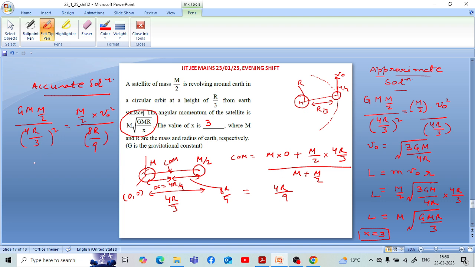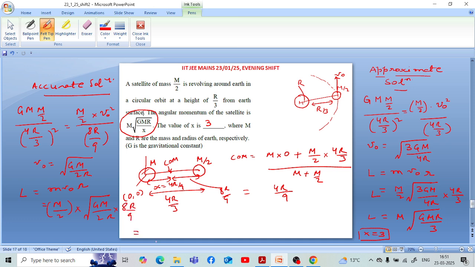Now after solving this, we get the value of v naught as equal to square root of GM by 2R. This is the value of the orbital velocity. Now we can calculate the angular momentum given by the formula m v naught r. So the value of m, the mass of the satellite, is M by 2. V naught we have calculated as square root of GM by 2R, and the radius in this case, as we have discussed, is 8R by 9.